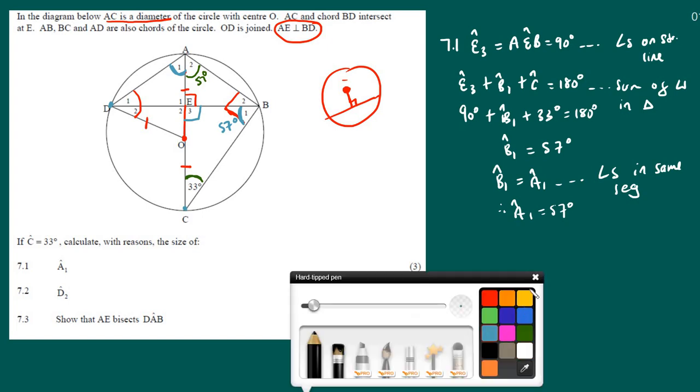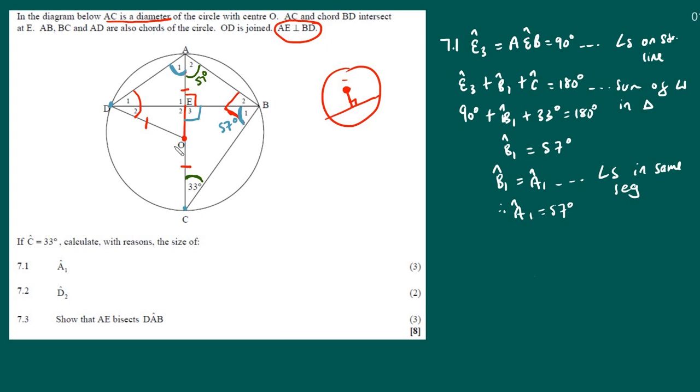Even D2 here, if I wanted D2, what can I say? Remember, this is 57 degrees. I'm going to say D2 is here. D2 is equal to which other angle?